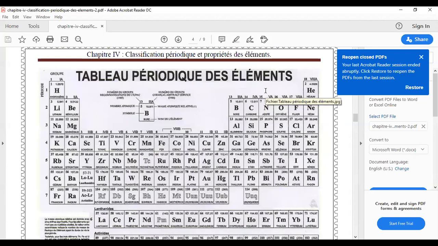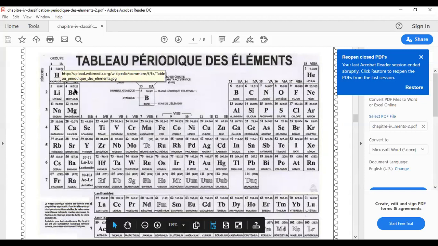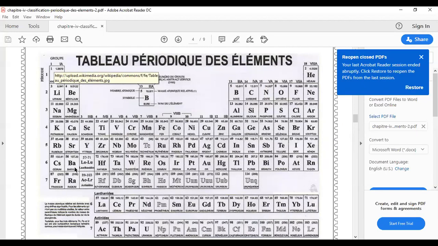We have 1A, which is called S block, and 2A is called what? So elements of group 1 and group 2 are called S block. I'll tell you why they are called S block. Right now, just listen to me.